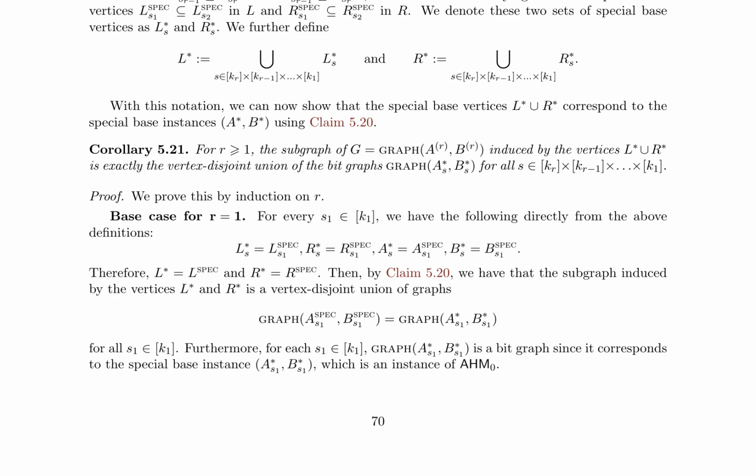For R greater than or equal to 1, the subgraph of G induced by the vertices L ∪ R is exactly the vertex disjoint union of the big graphs graph(B_s), for all S element of K_r times K_{r-1} times K_1.